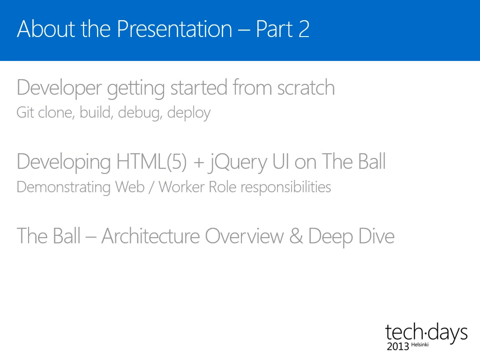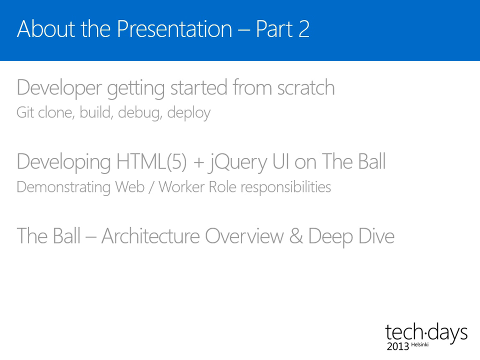This part 2 focuses on developer experience, getting hands-on experience and hands-on demos of how you actually can build the software on top of the platform and what architectural designs and constraints are applied. So first we get the developer getting started from scratch, starting from git clone, building and deploying to debug the solution.